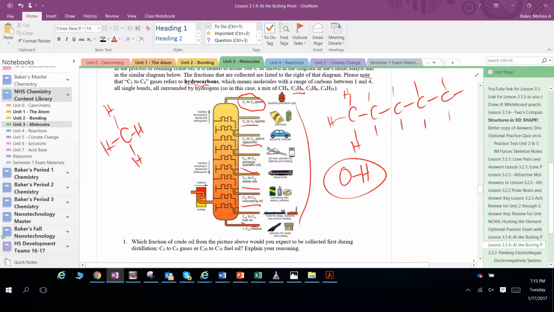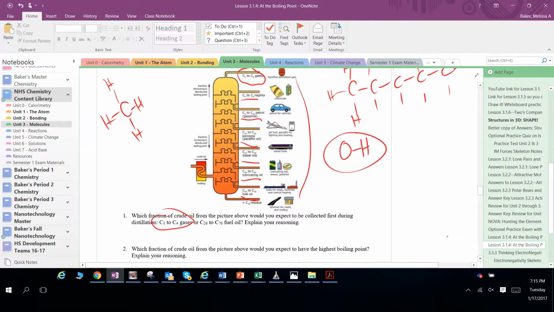So let's take a look at these questions. It says, what fraction of crude oil would you expect to be collected first? And you would definitely say the lightest ones. They're smaller. And we learned that that definitely plays a role.